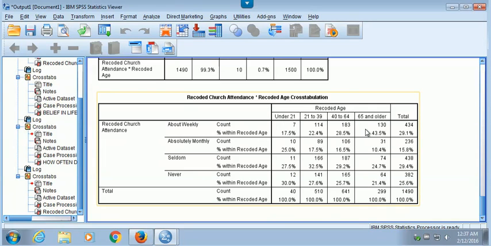Now, if you see the percentages be consistently high going the other way, we would say that is a negative relationship. What we mean by a negative relationship is that as one variable increases, the values of the other variable decrease.